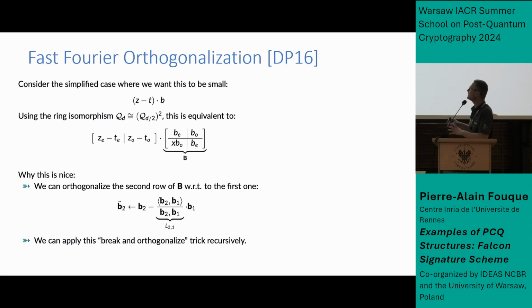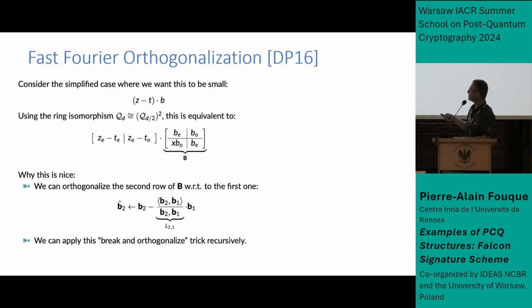Basically it's the same kind of matrix that you begin with, but you exchange the rows and the columns of the basis. This is very similar to what is done in the Fourier algorithm, and this is the reason why they called it fast Fourier orthogonalization.